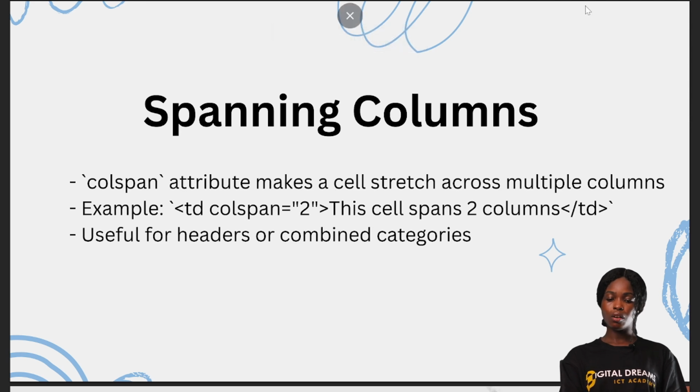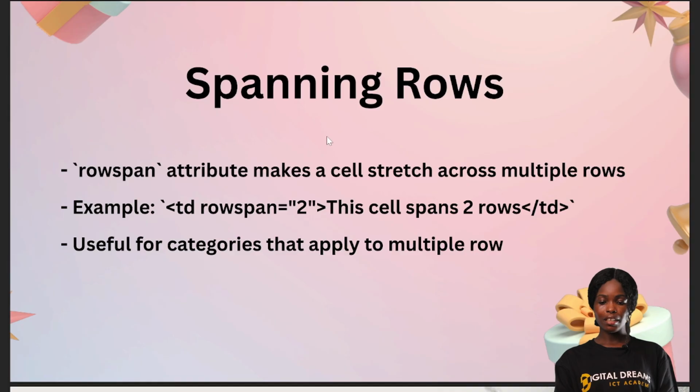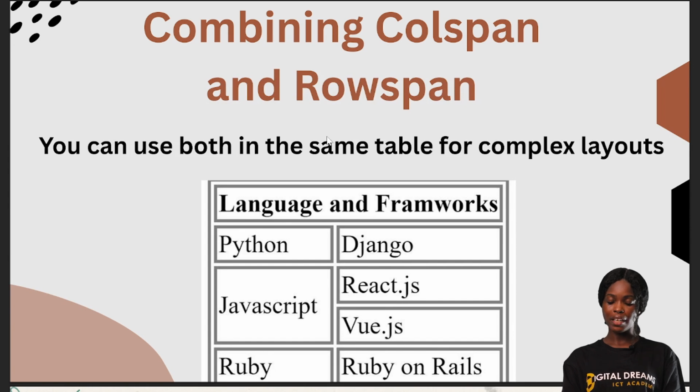Now there's something called colspan. This attribute makes a cell stretch across multiple columns. I will look for an image that will show you what I mean by that. This is what I mean.